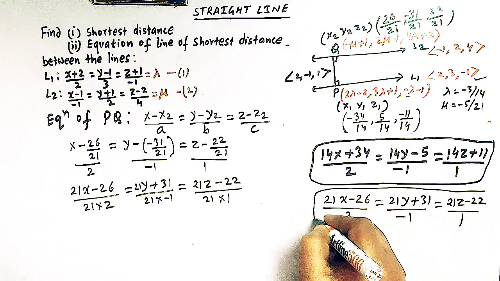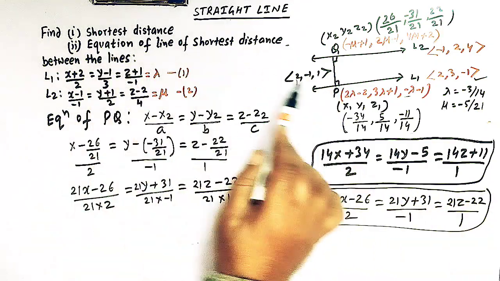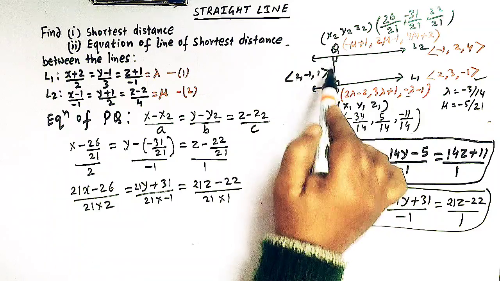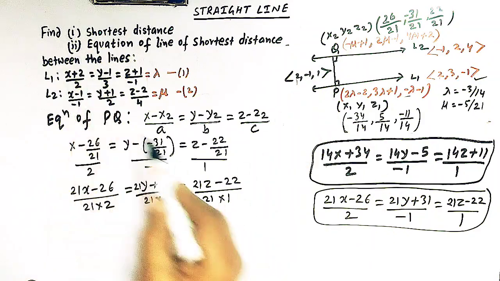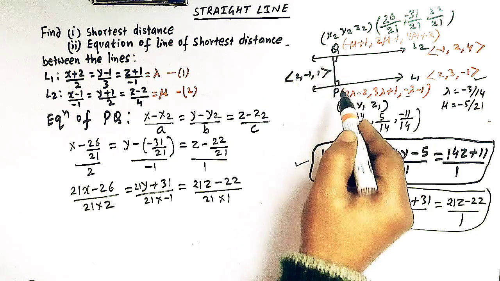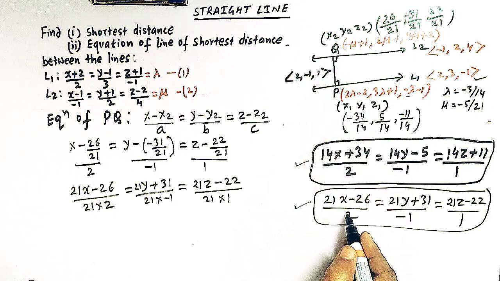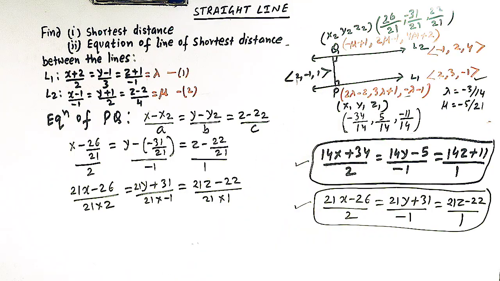So this is another form of the equation of the line of shortest distance, that is PQ, right? So we can either use this equation as PQ, or this equation of this line of shortest distance PQ.